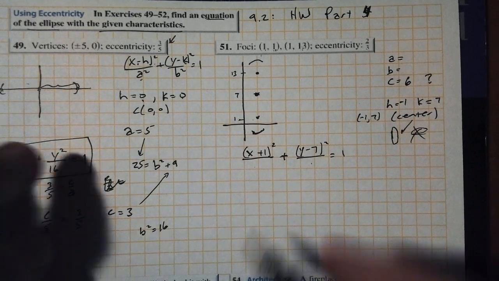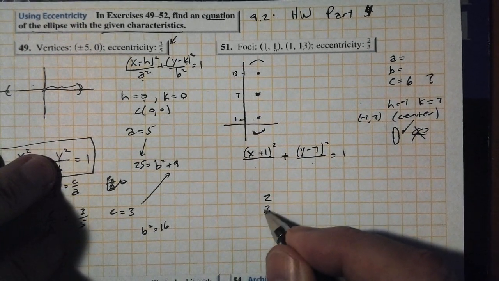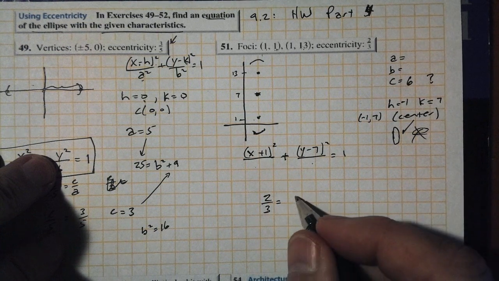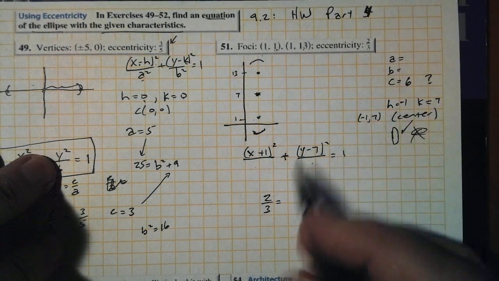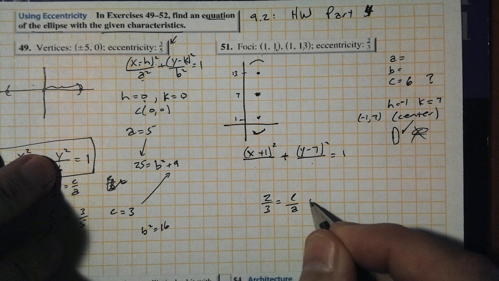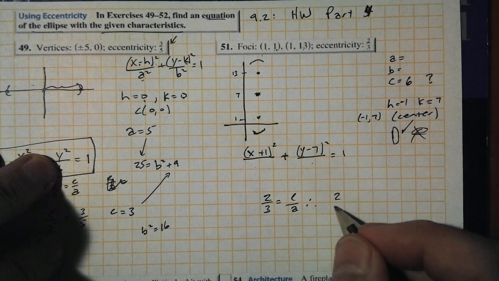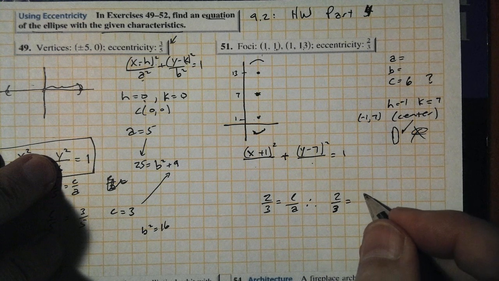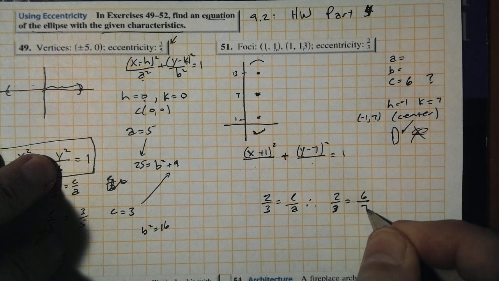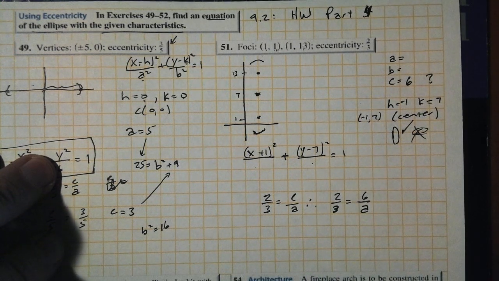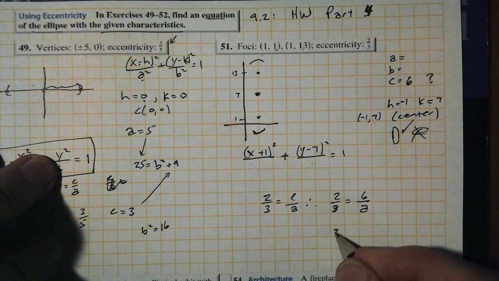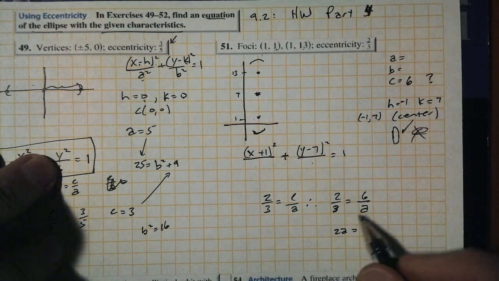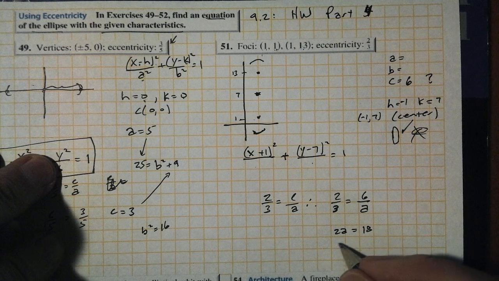However, I do have the eccentricity. 2/3 equals C on A, therefore 2/3 equals C, 6 on A. So let's see, cross multiply. 2A equals 18.